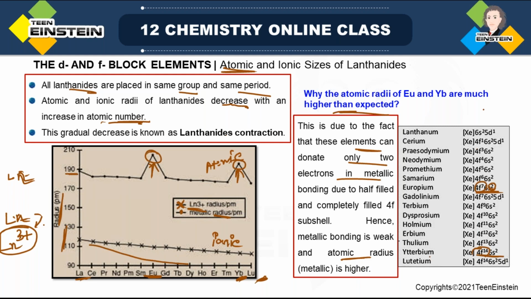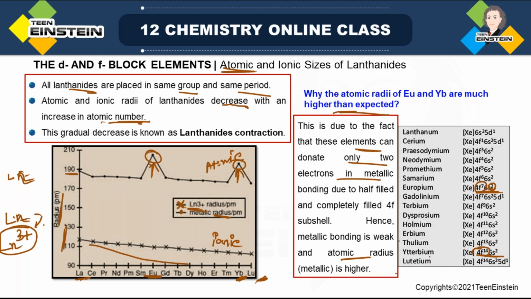But for other elements, not just these 2 electrons, but electrons from d as well as f may also be contributed, and that is the reason the metallic bonding will be very strong. And when the metallic bonding is very strong, the atomic radius will be lower.